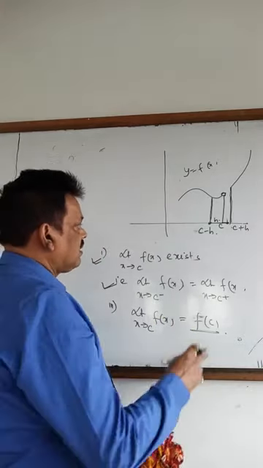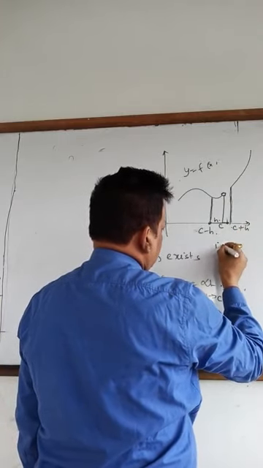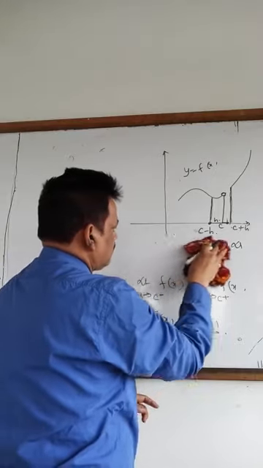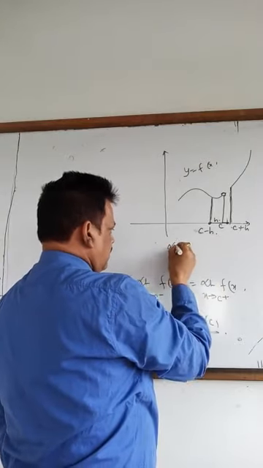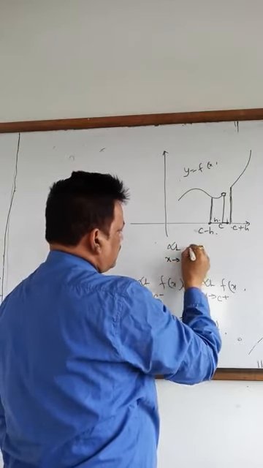So this is the graph I have drawn here. This is the limit as x tends to C minus of f(x), which is not equal to the limit as x tends to C plus of f(x). Okay. What about the limiting value equals functional value?